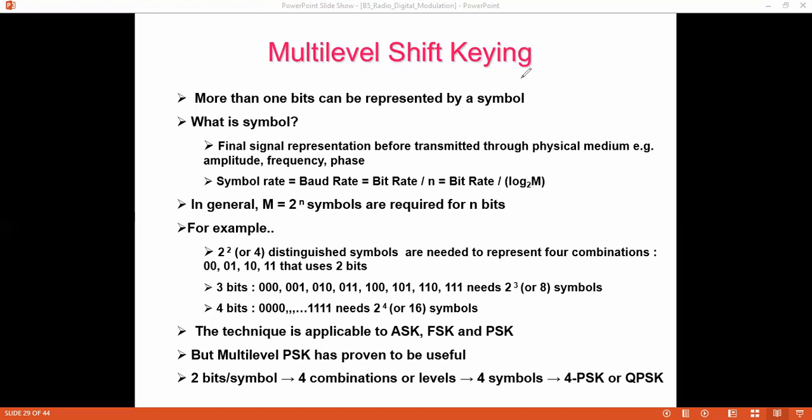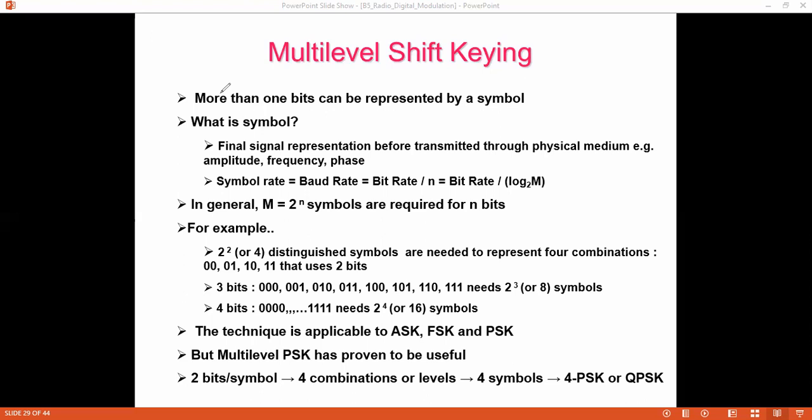Okay, so with multi-level shift keying, there's a new concept of this multi-level that is different from what you have learned before. Okay, so for multi-level shift keying, one bit can be represented by a symbol.